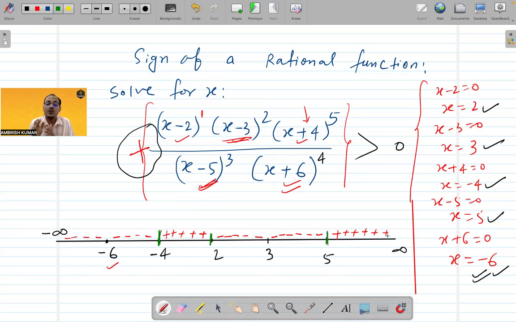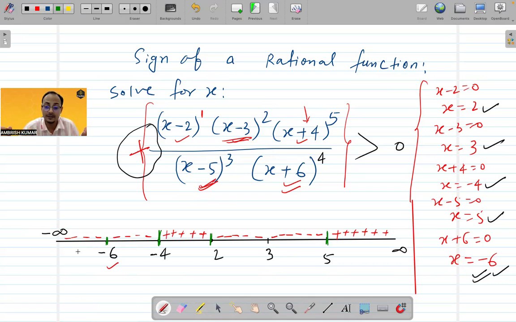And for the rest of the intervals, like from negative infinity to negative 6, negative 6 to negative 4, 2 to 3 and 3 to 5, if you take any value of x, like between 2 and 3, say 2.5, this expression will give you the negative answer. If you take the value of x between 3 and 5, like 4, this expression will give you the negative answer. If you take the value of x as negative 5 or negative 8, that will give you the negative answer for this expression.